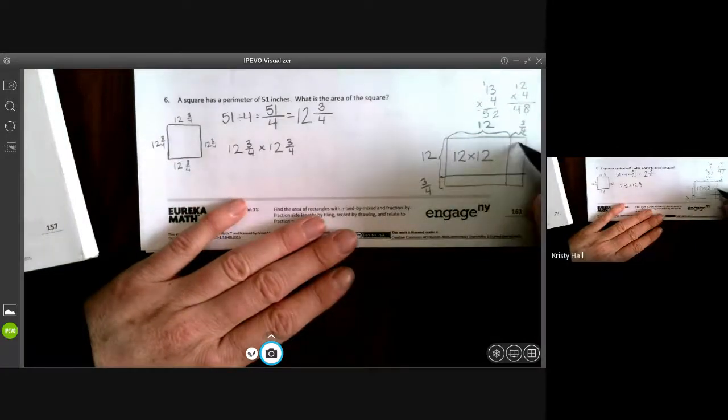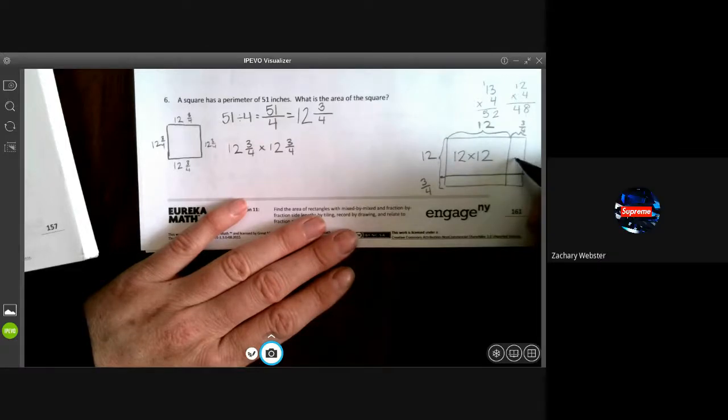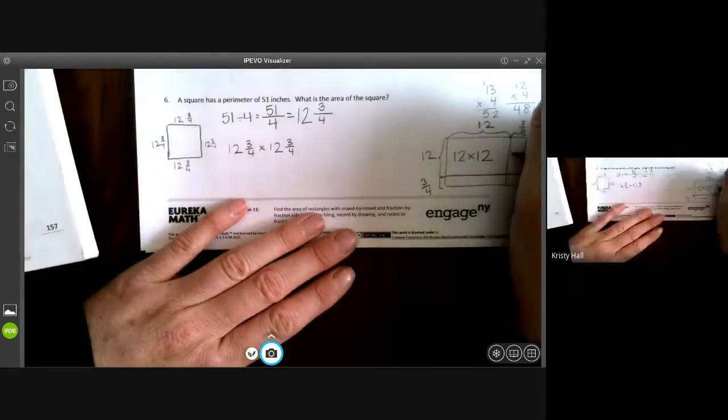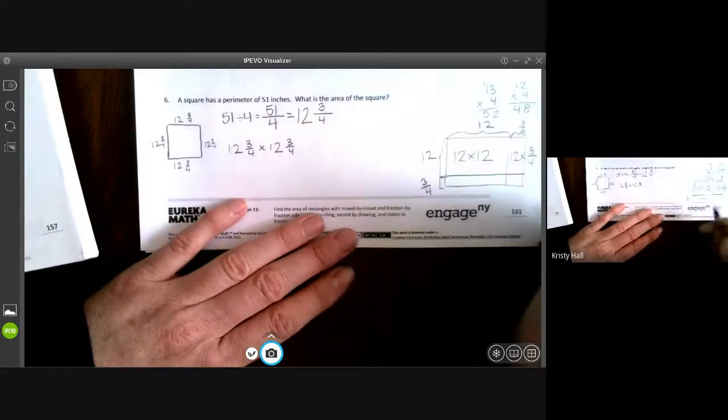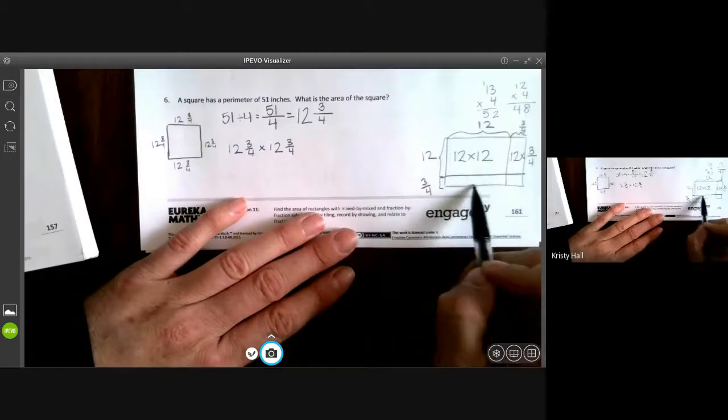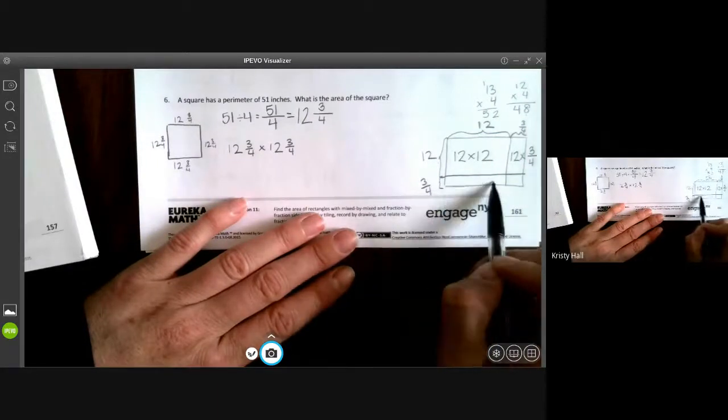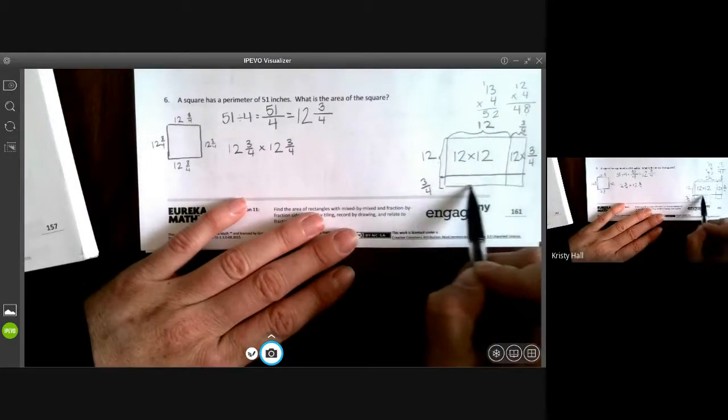Can somebody help me with this one? 12 times 3/4. Yep. Nathan Bracey, I think I saw you here. Can you help me? What would I multiply in this box?